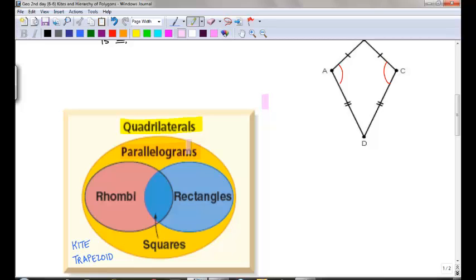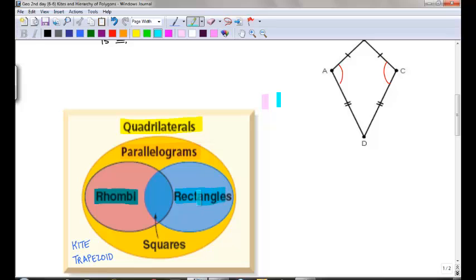And then inside the ellipse, draw two more ellipses. Label one of those rhombi, and label the other one now. It's not in the intersection. In the intersection, you can go ahead and label that squares in here if you want to. The author labeled it out here, but you could go ahead and write it in there if you've got enough room.